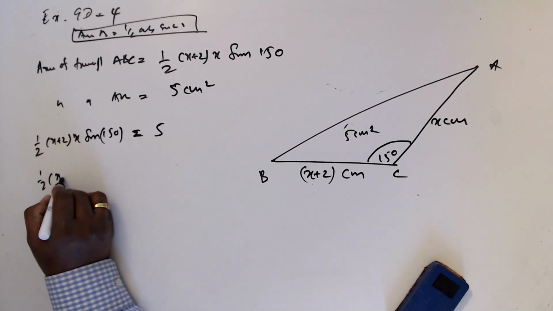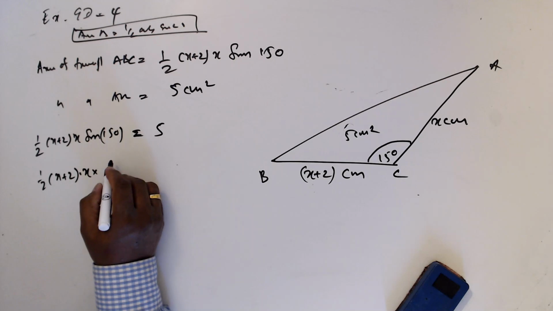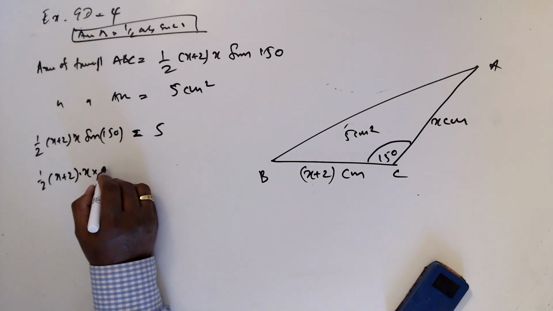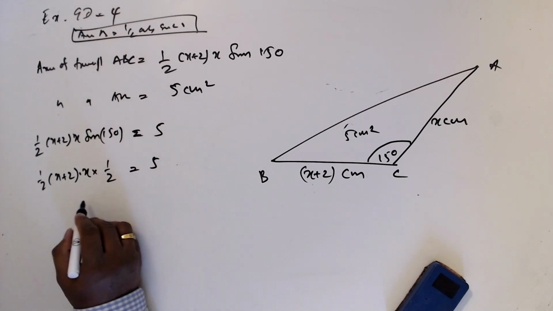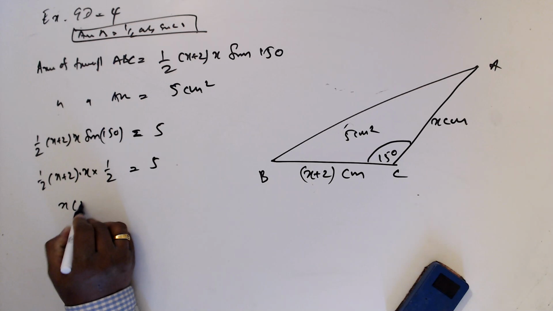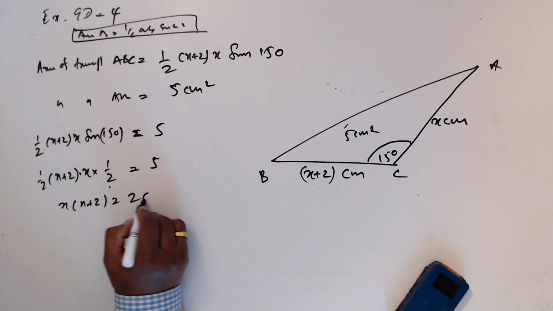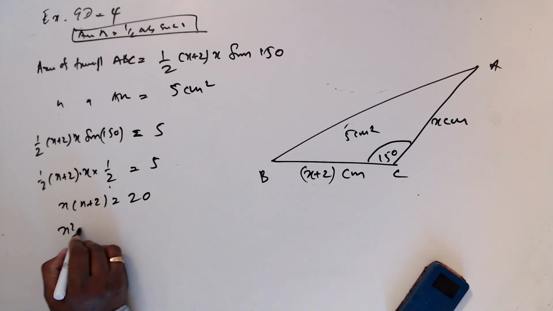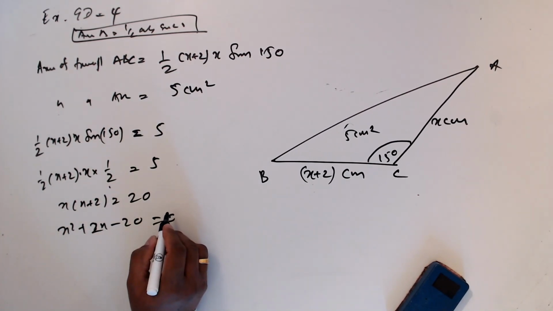Half times x plus 2 times x times sine 150, which means half again, equals 5. So this is going to be x times x plus 2 equals 2 times 2 is 4, 4 times 5 is 20. x square plus 2x minus 20 equals 0.